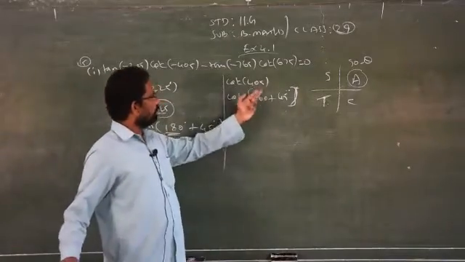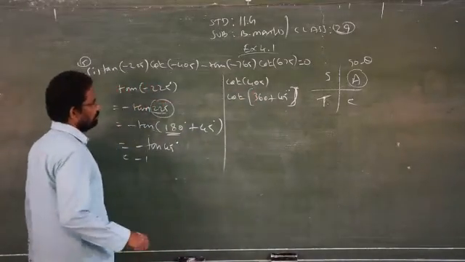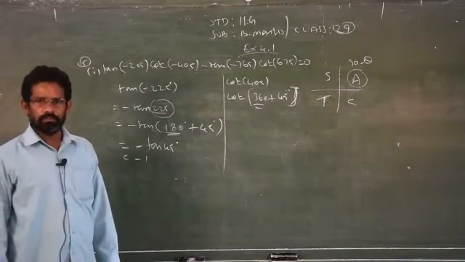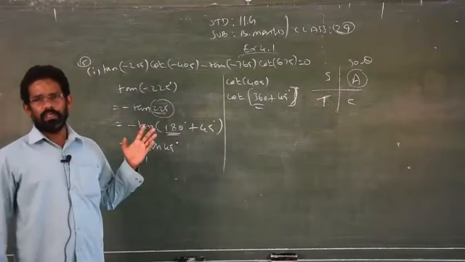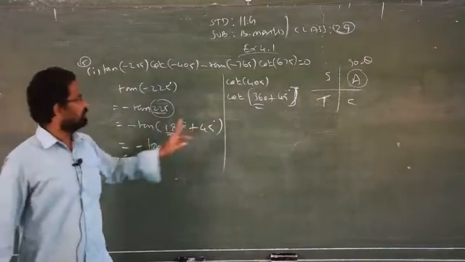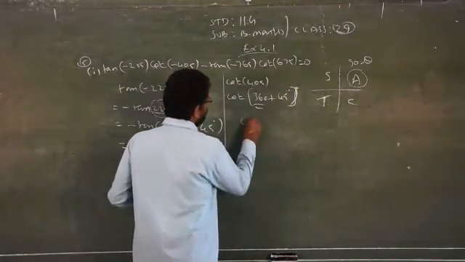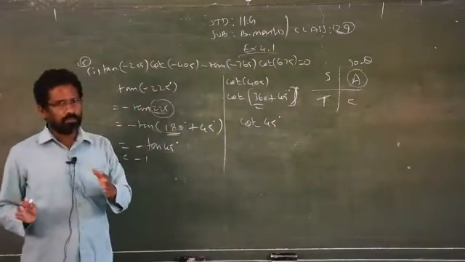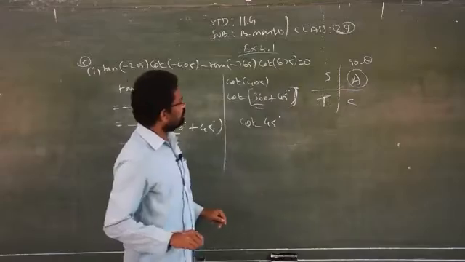When you add this, you will get 405. Clear? So 360. Do you want to change the ratio? No. If it is 360 or 180, no changes in the ratio. Therefore, you have to write cot 45 degrees.